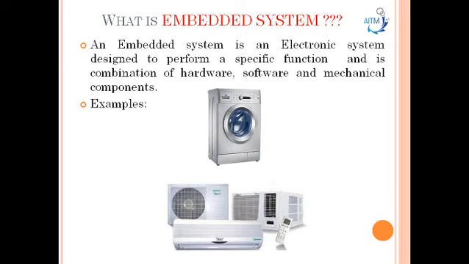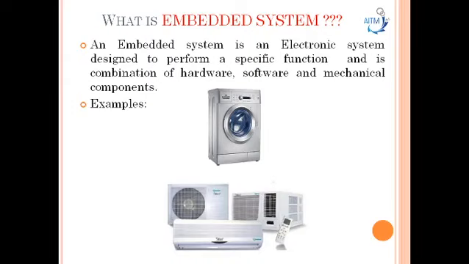So with these examples, we can understand three points. The first point: an embedded system is designed to do a specific function or job only. Example, a washing machine can only wash clothes.